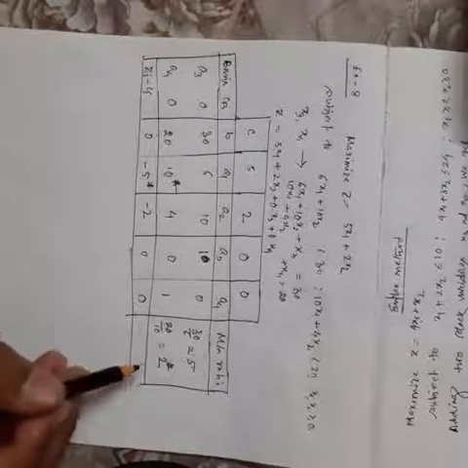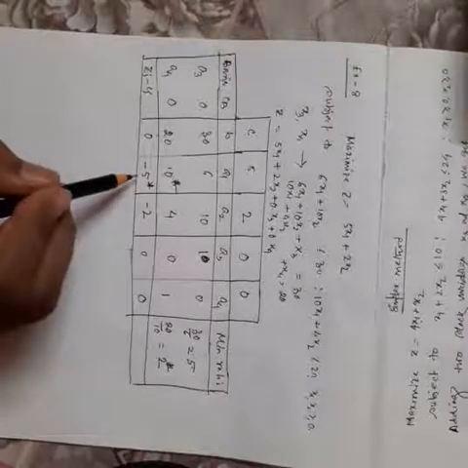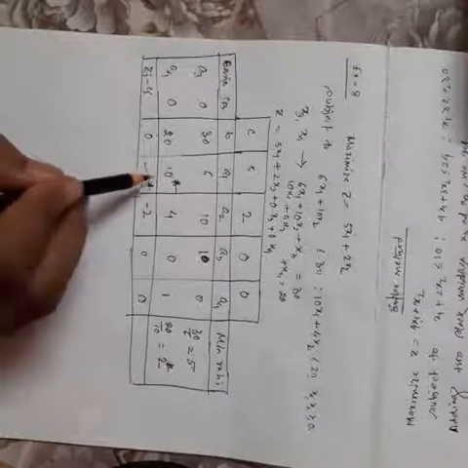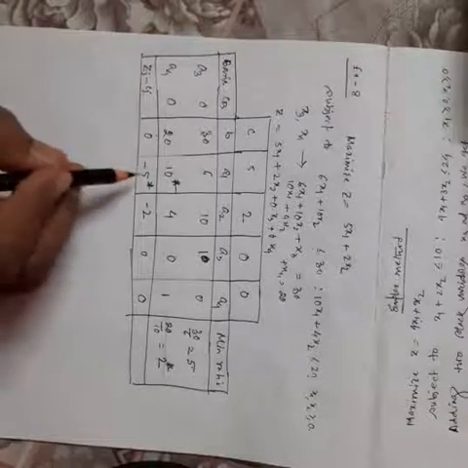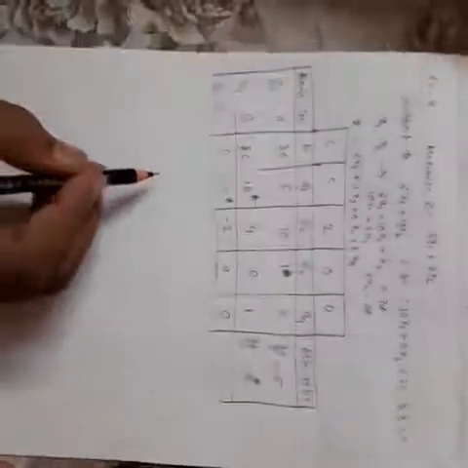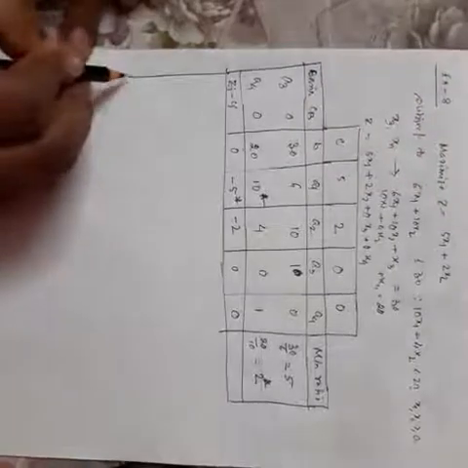So now we find the key element, which is the junction of that line and that line. So this 10 is the key element, and we complete the next table using this key element by the previous method.